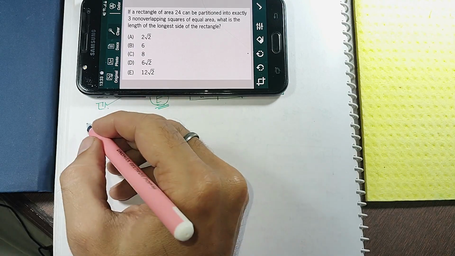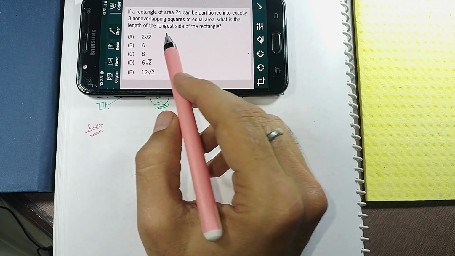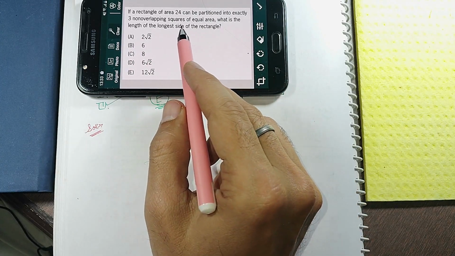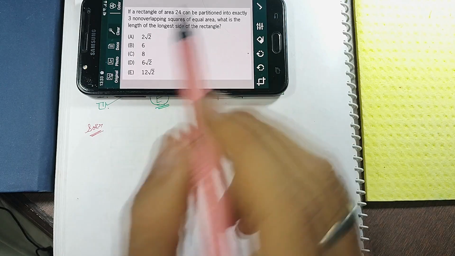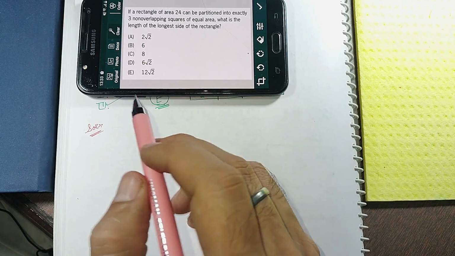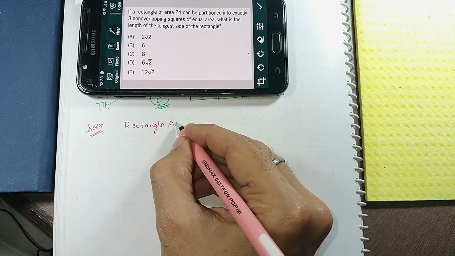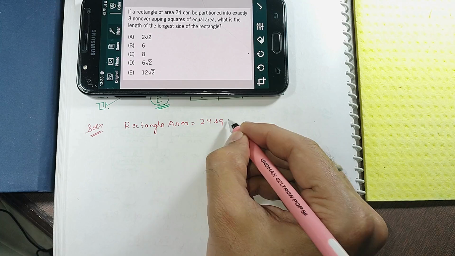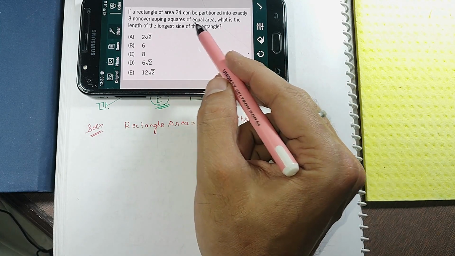If a rectangle of area 24 square units can be partitioned into exactly 3 non-overlapping squares of equal area, what is the length of the longest side of the rectangle? We have been given that the rectangle has an area of 24 square units. It has been partitioned into 3 non-overlapping squares of equal area.